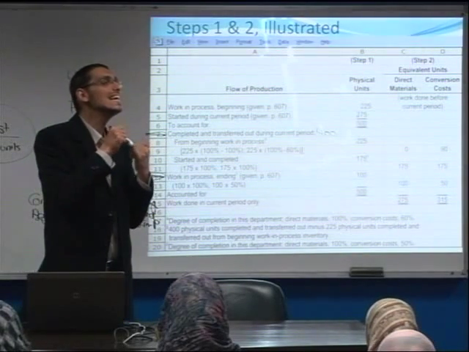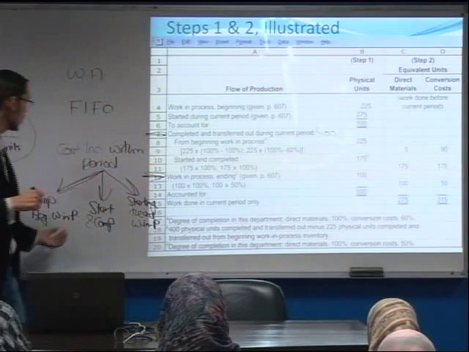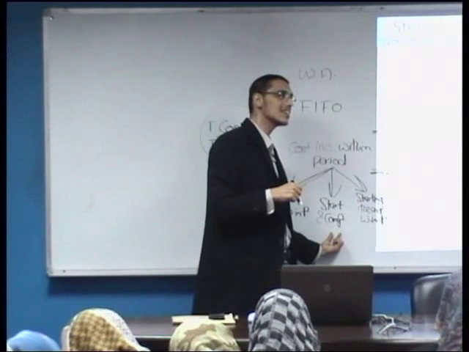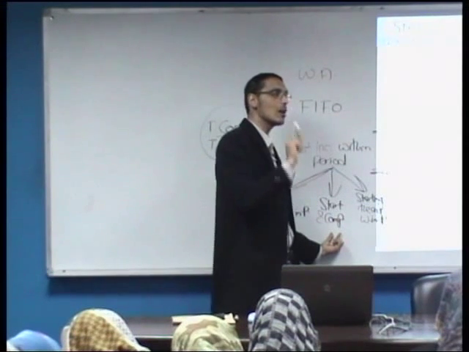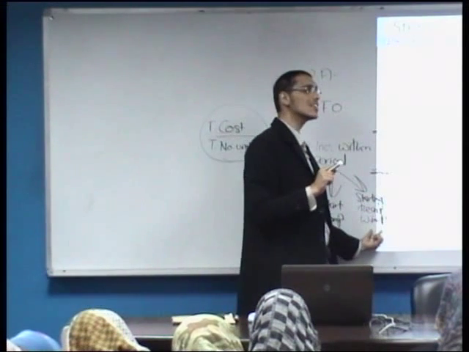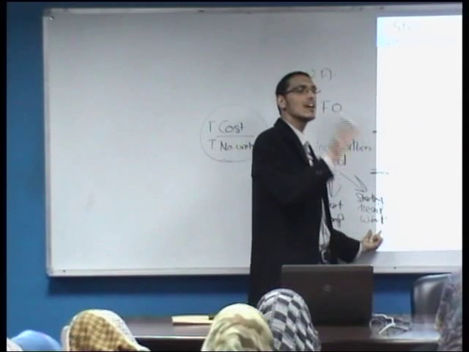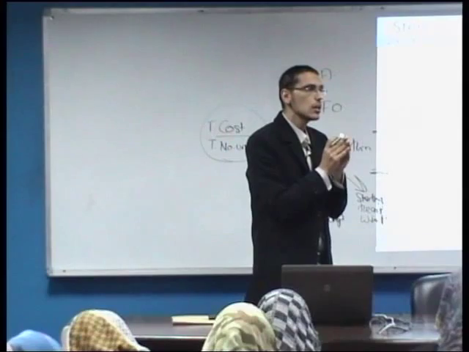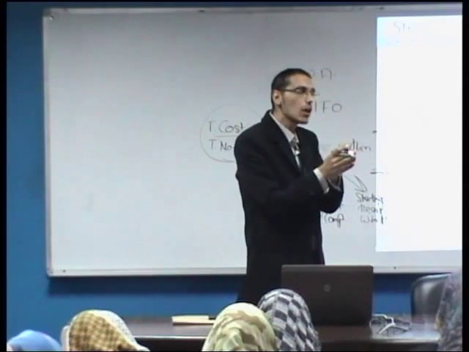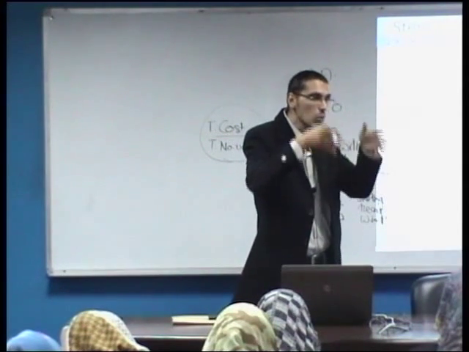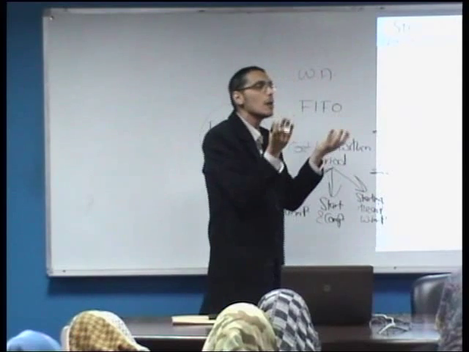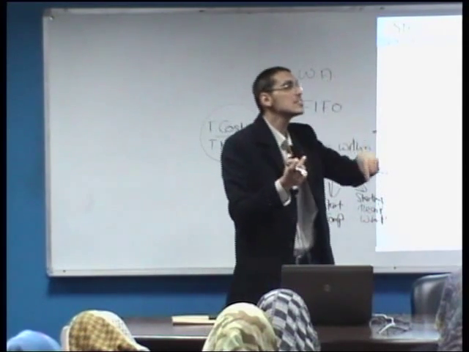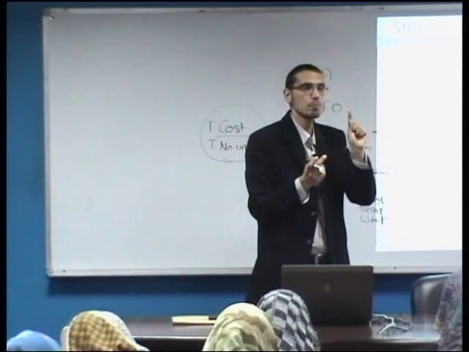For completing the beginning work in process, to start and complete a designated amount of units, and to start some sort of ending work in process, correct? Therefore, the costs that are incurred within this period will be divided upon the equivalent units for the work done within this period only.